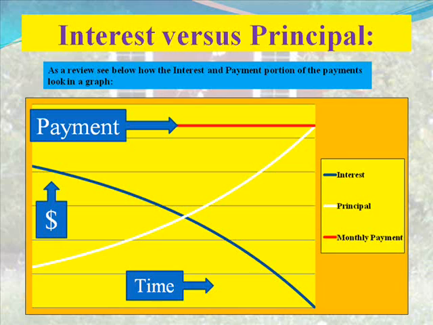And where the interest portion of the payment, the blue line, slowly and gradually goes down. And see where the axis of this graph are dollars on the left-hand side and time on the bottom, going from left to right. And that is a graphical representation of a fixed-rate amortized loan.